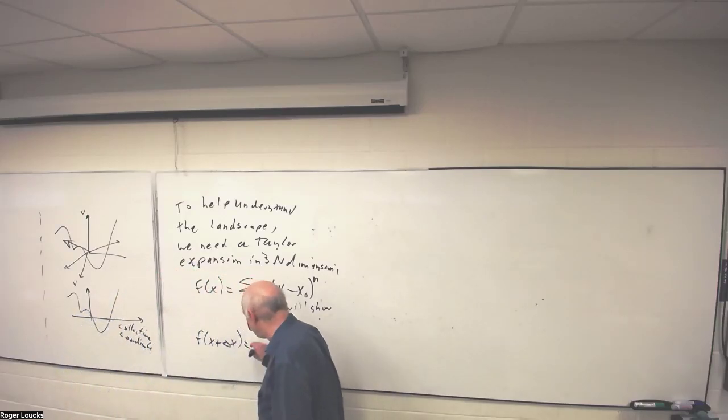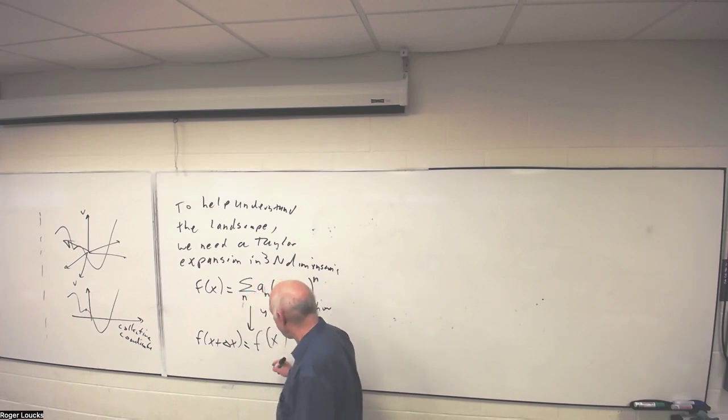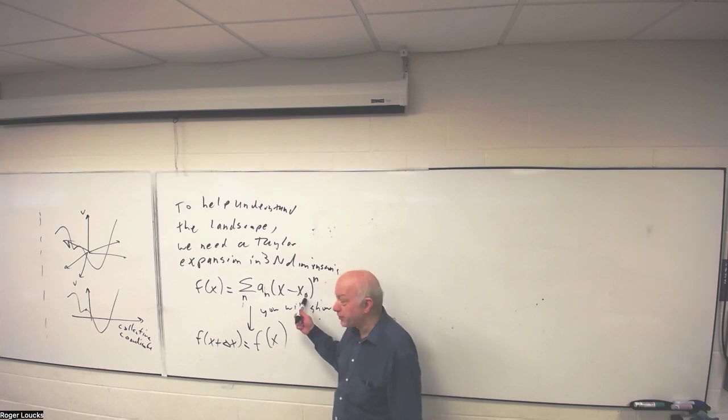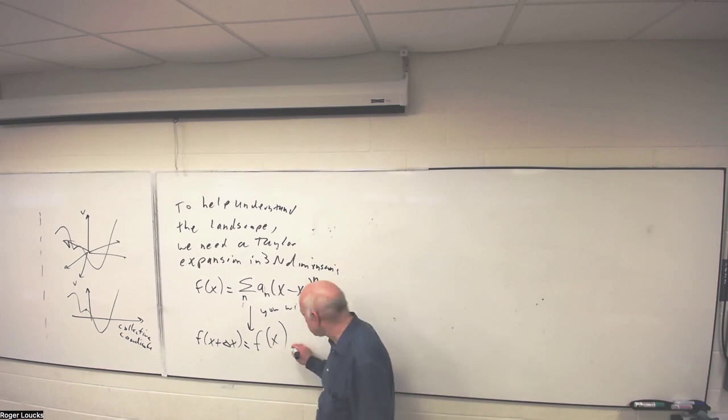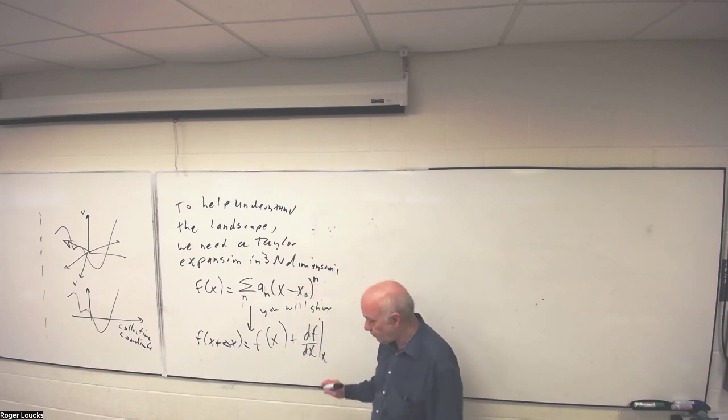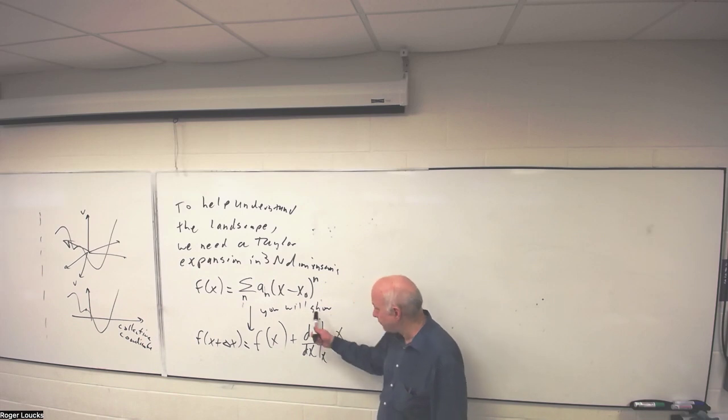As this: f of x, where this x is really all the positions, with the x naught up here, plus the first derivative value at x times delta x. And this delta x is really x minus x naught.